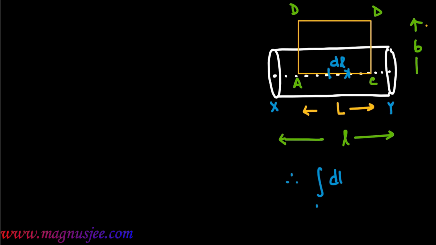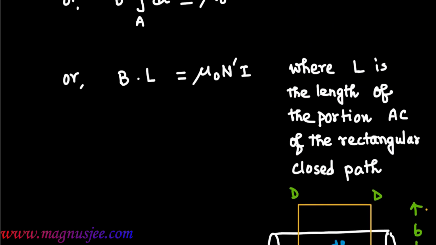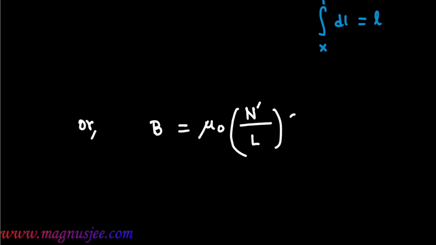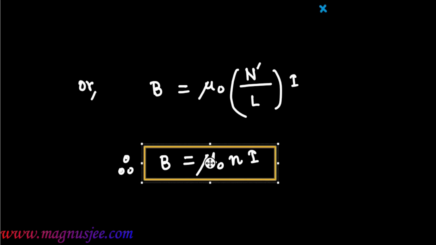So from X to Y, integration A to C of dl is capital L, and integration X to Y of dl is equal to small l. Mu 0 n prime by capital L into I. Therefore, B equals mu 0 small n I.